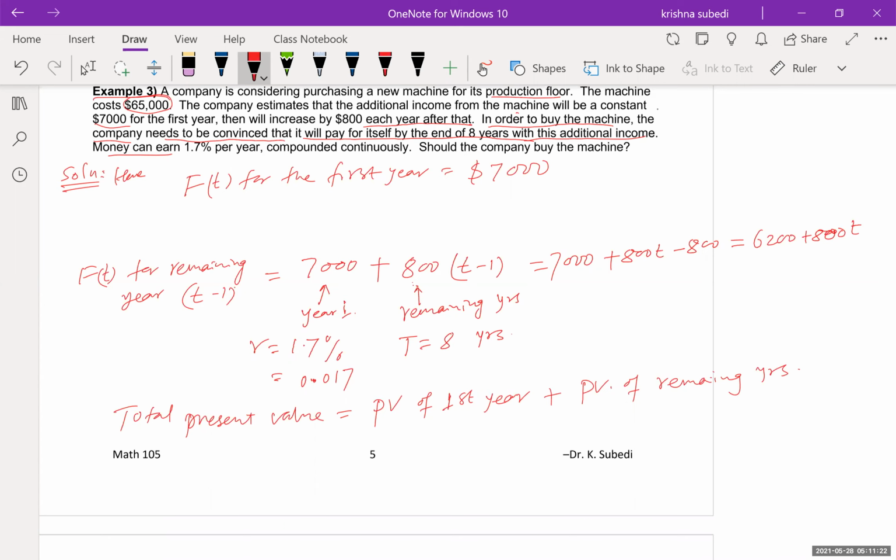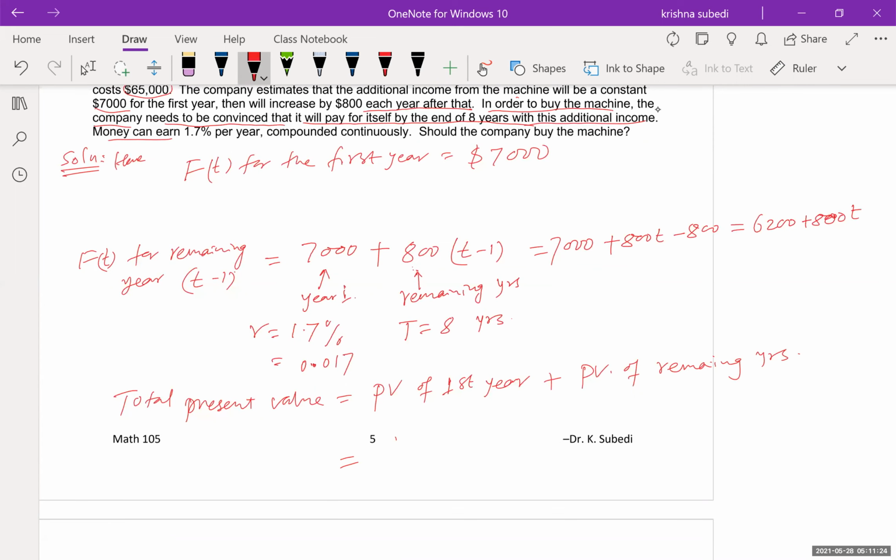Okay, so the present value of the first year, the formula is the integral from 0 to t, and t is 1 actually in this case, of f of t times e to the minus rt dt, plus the present value of the remaining year.